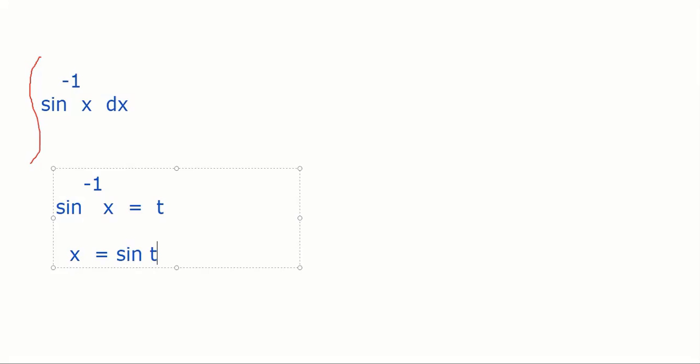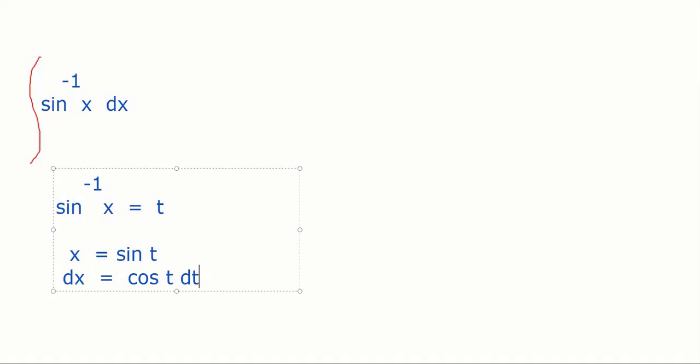Now if you take differentiation on both sides, dx, differentiate both sides, then dx and the derivative of sin t becomes cos t dt, right?